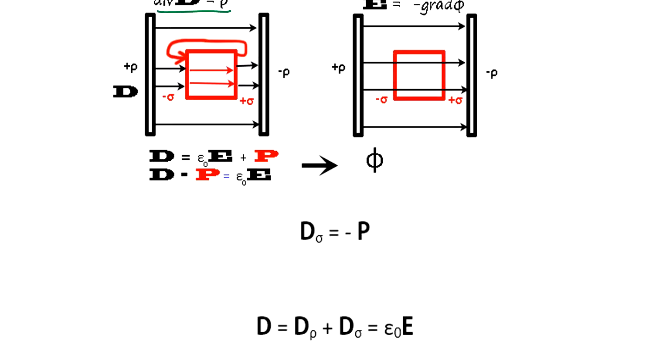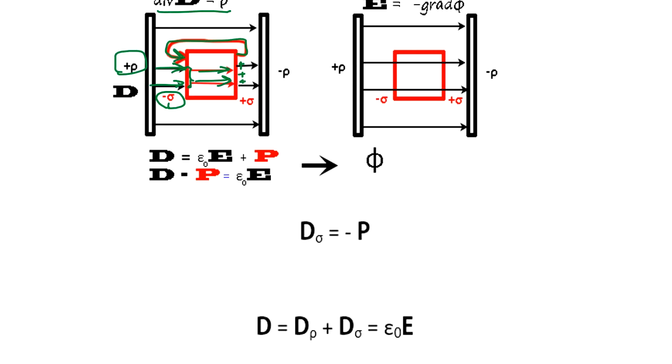Now what does this mean? This means the flux comes from the true charge, and negative sigma is going to absorb some of it, and less flux goes inside the dielectric material. But you have additional charge on this side, so this generates flux.